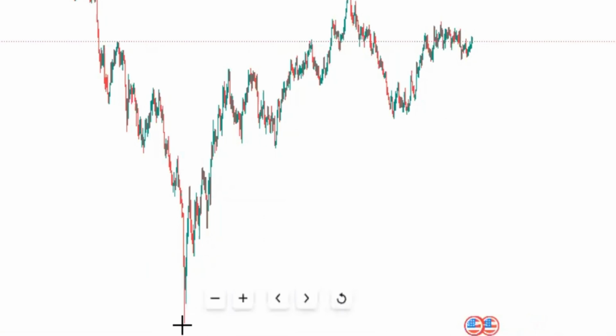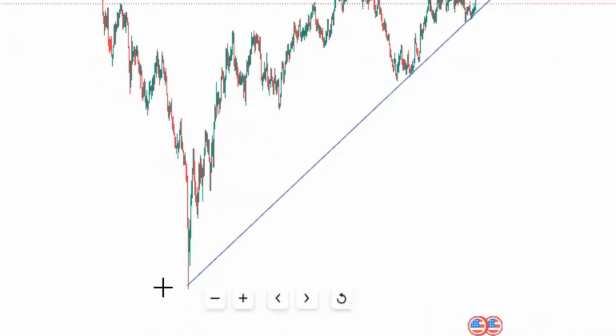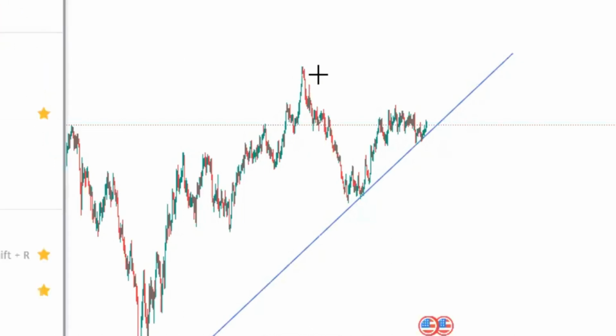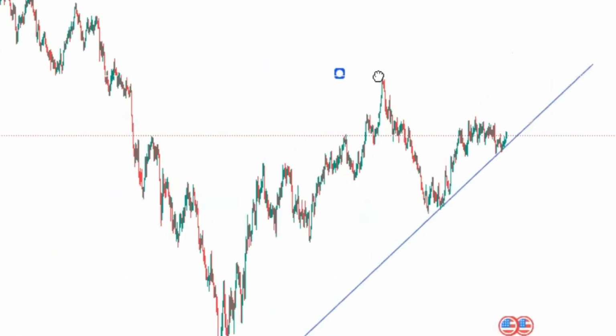Right, an uptrend. I draw this trend line, and you can see that this is my first touch, second touch, this is my third touch. And we know that every third touch of a trend line does the trick. So we are expecting this guy to take on this high before we can expect sales to the downside.